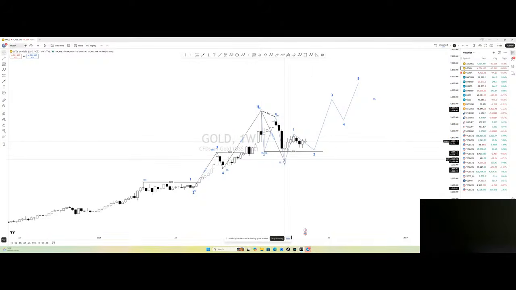Why I'm saying so, between 1 and 2, there has to be a correction called ABC. A corrective form called A, B, and C. So this is what we should study now at the current price.